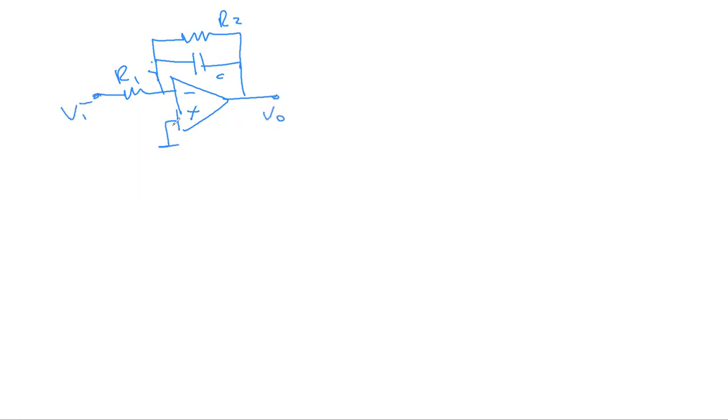And since the virtual grounding at this node is valid, the sum of all the admittances times 0 is going to be 0. So what I'm going to be doing is writing the other terms: minus 1 over R1 times VI minus 1 over R2 plus SC times V0 equals 0. This is the node equation.